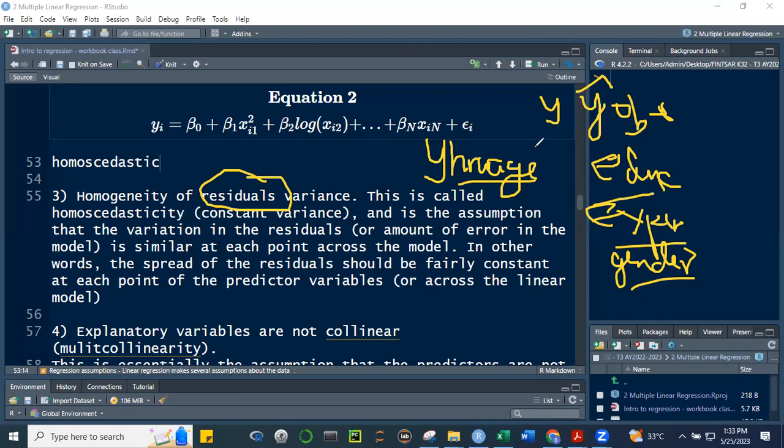We compute the predicted value based on the parameters from the model. The observed value minus the predicted value is called your residual, your E. What we do is plot the E, against the fitted value, or against Y, or against the predicted value.